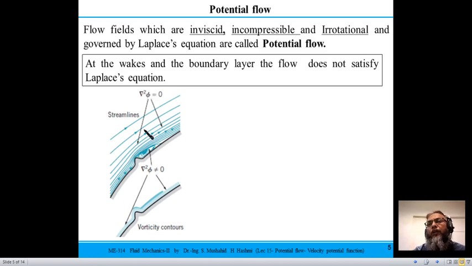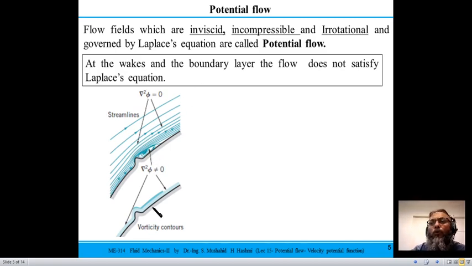can easily work out their velocity components. So the knowledge of the velocity is much easier, and it is more mathematically amenable. You can easily work out mathematically the velocity fields in those potential flow regions.